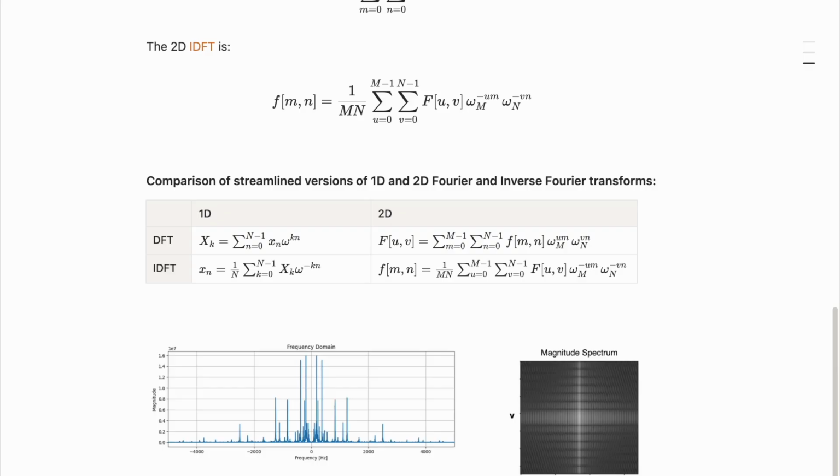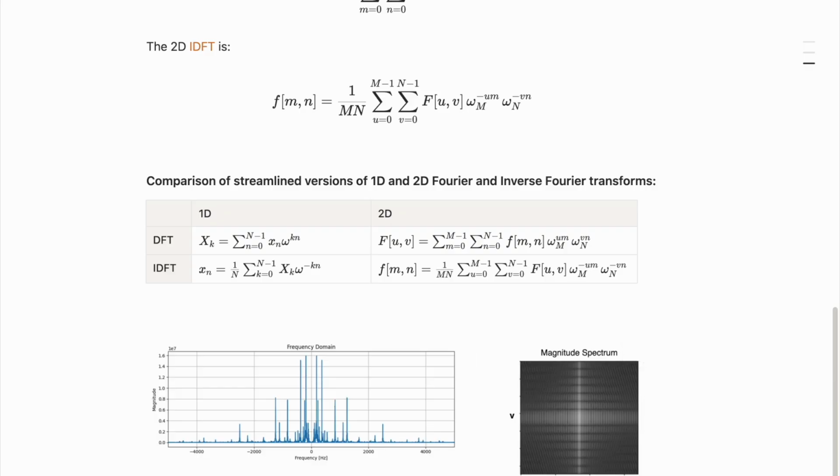In both cases, we're plotting the magnitude against the frequency. Except that here we have two frequencies, u and v, so in order to plot the magnitude, we represent that as the brightness of each point on this graph.